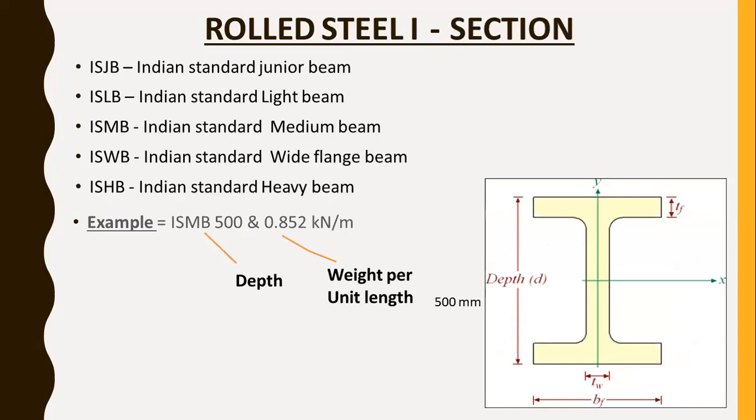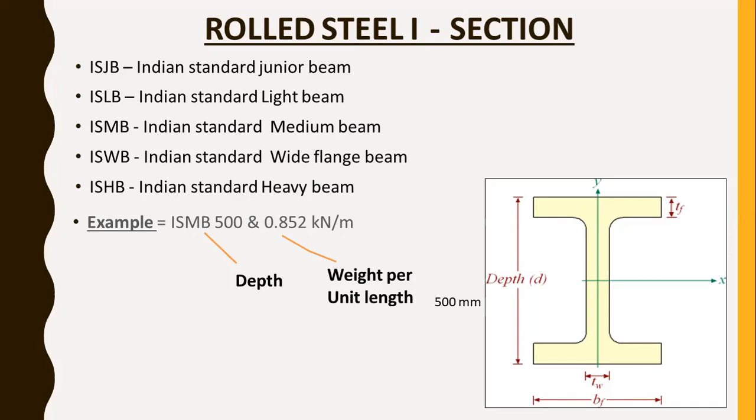Now we start our lecture with rolled steel I sections, right? Basically there are five types of I sections provided in our steel table. Whenever you see the name ISJB, it means Indian Standard Junior Beam, right?